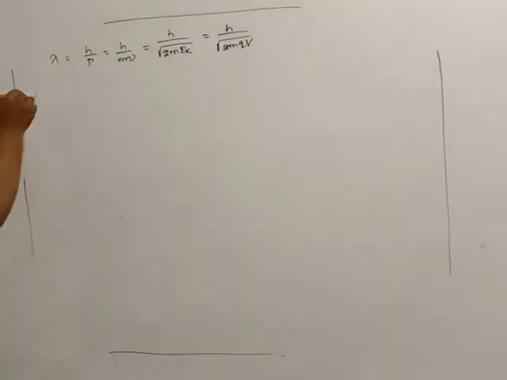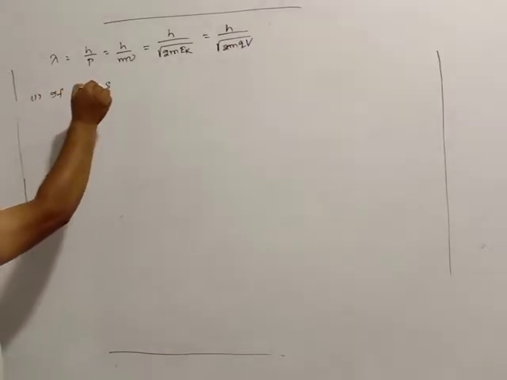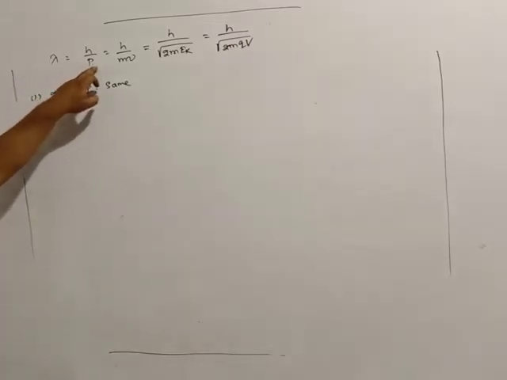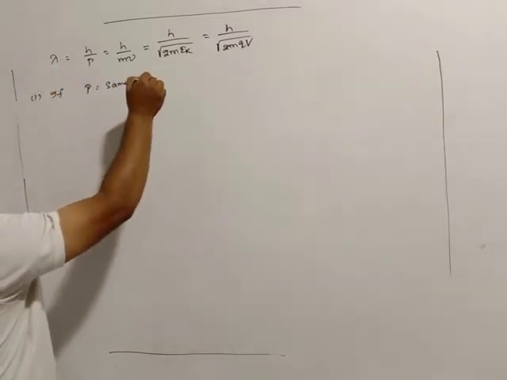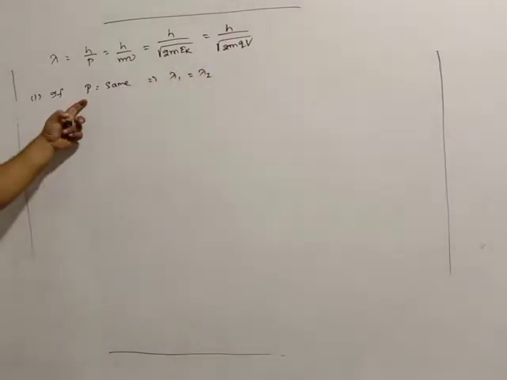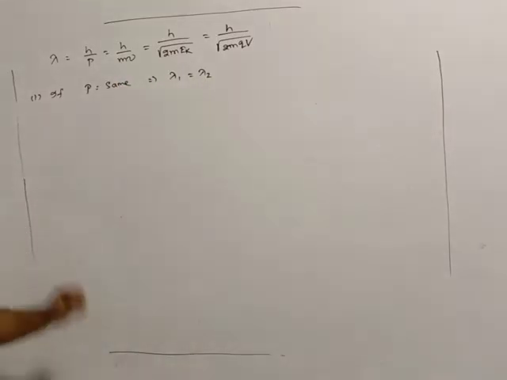Now check some cases. First, if p equal to same, that means p1 equal to p2, then we can write lambda 1 equal to lambda 2. If two particles have same momentum, then they have same de Broglie wavelength.